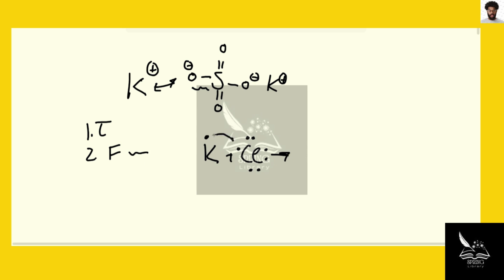And through the transfer of this electron, single electron transfer, we get K plus, no valence electrons, and chlorine with 8 valence electrons, and their attraction is due to the opposite charge. So that definition given in 2 is the definition of an ionic bond, not a covalent bond.